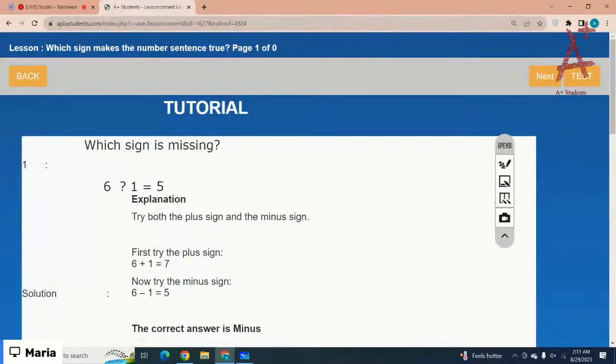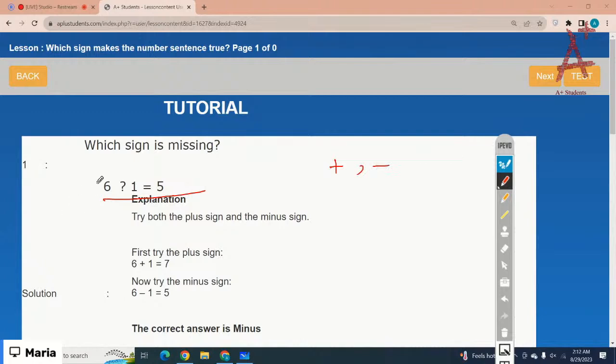Okay, which sign is missing? So you have to see, basically, both sides must be equal, right? You have to put a sign here between 6 and 1. Either it is plus or minus, right? So you have to see 6 plus 1 equals 5 or 6 minus 1 equals 5.